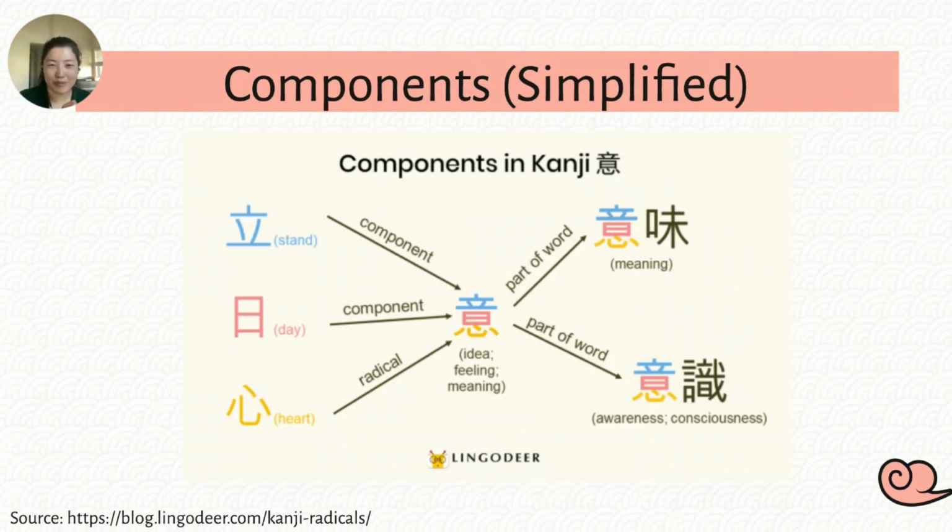And so the radical can be placed on the top, the bottom, the left, there are different positions for it, and that influences the meaning of the combined character. And then you see that there are different components in addition to the radical that go into it. And these components are all characters on their own, right?